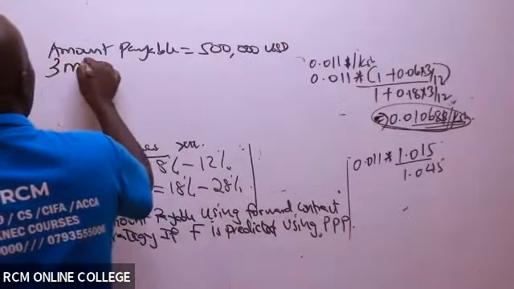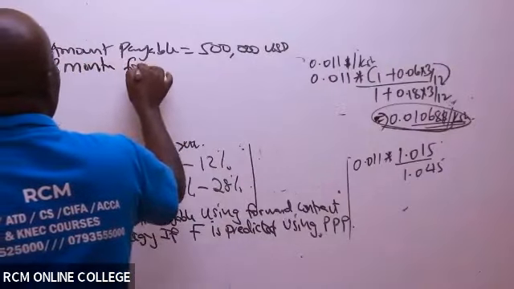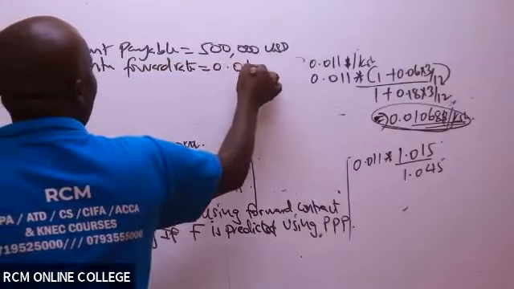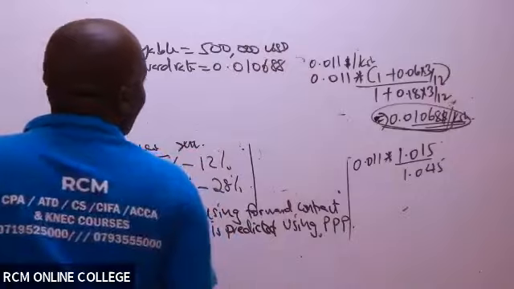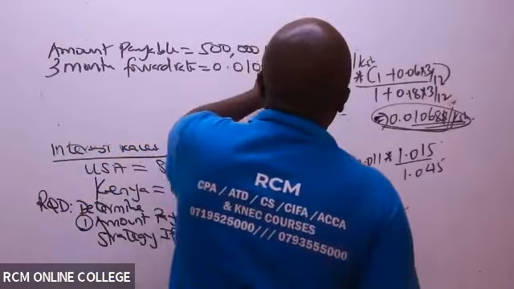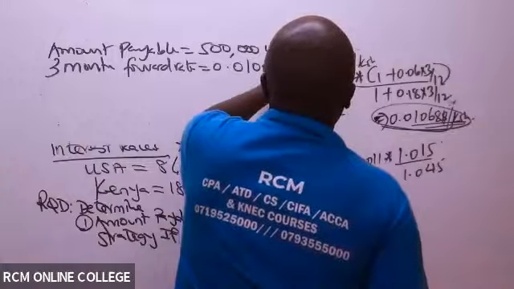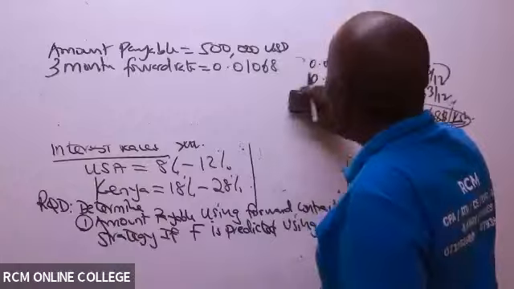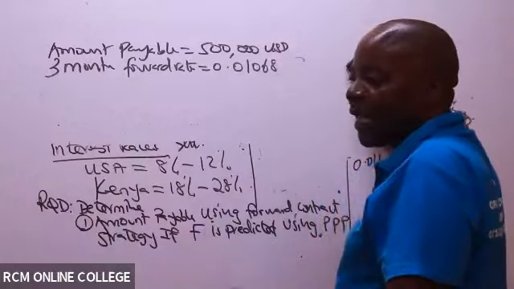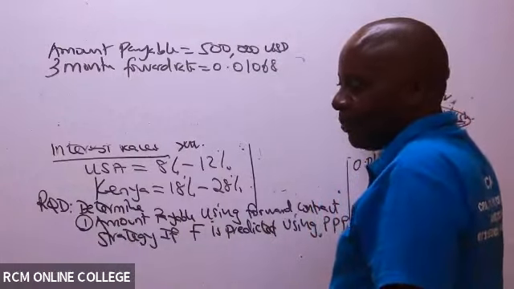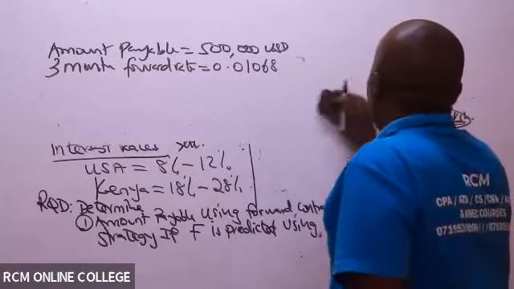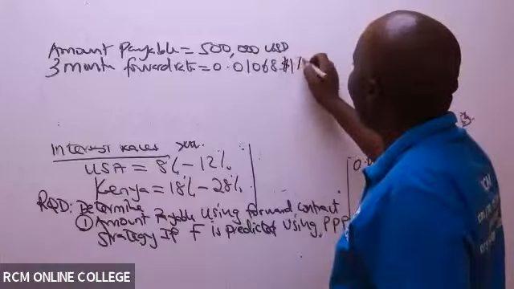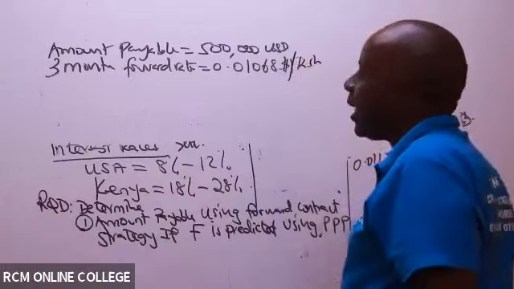The 3 months forward rate is 0.010688 dollars per Kenya shilling. So please go ahead and exchange.